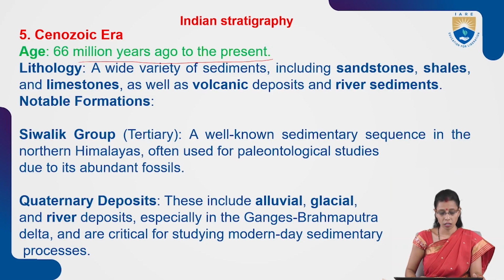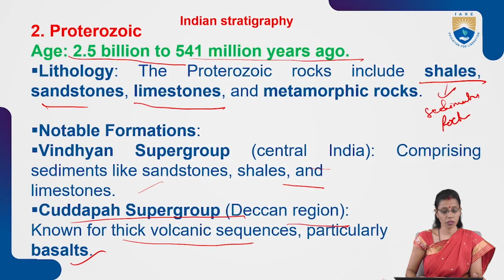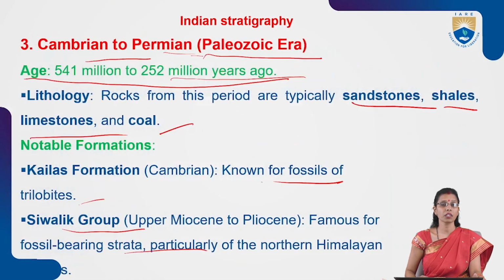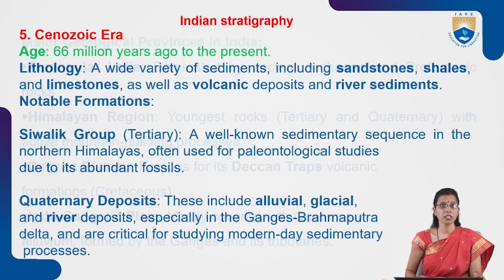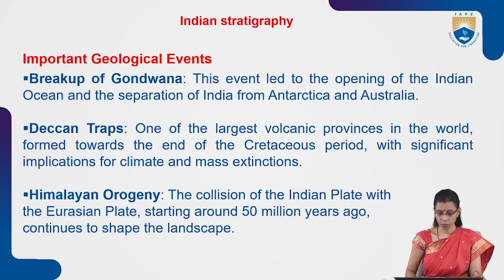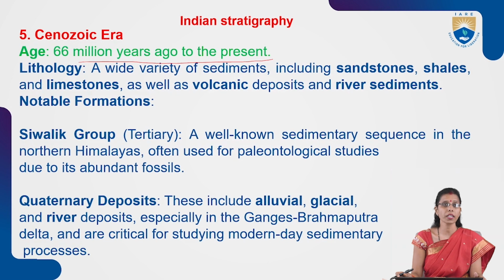We have seen many eras like the Mesozoic era, the Cambrian era, the Proterozoic era, and the Archean age, which was billions of years ago. The present era we call the Cenozoic era, from 66 million years ago to the present.